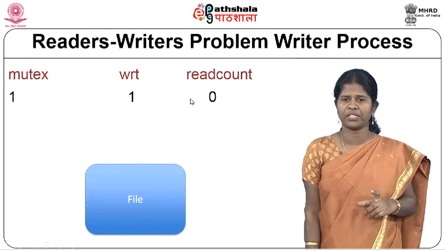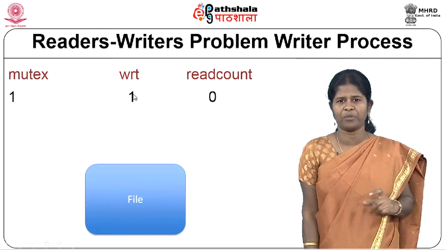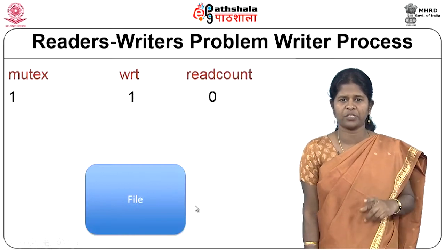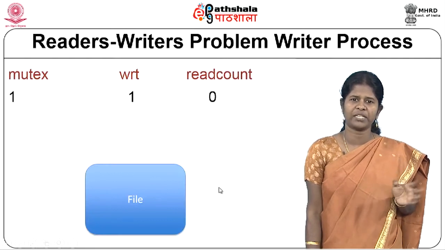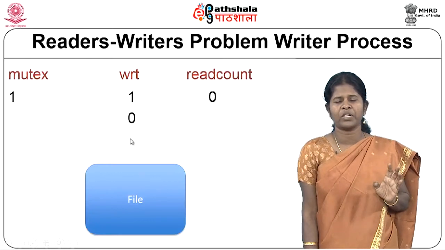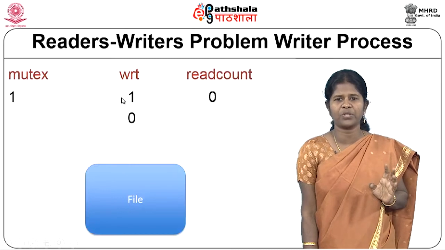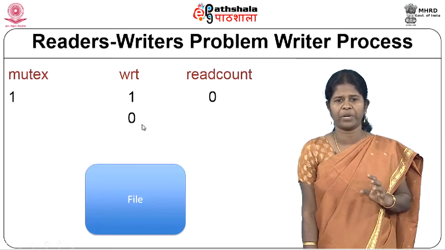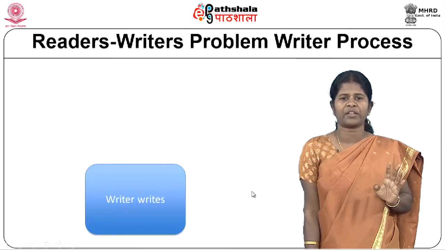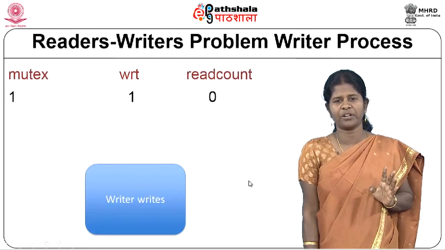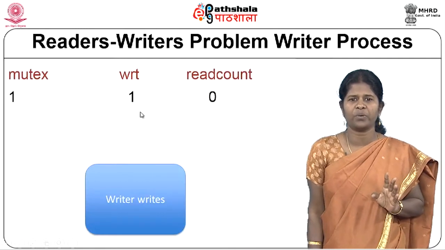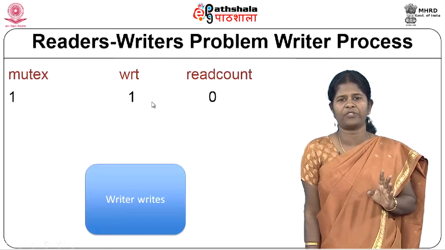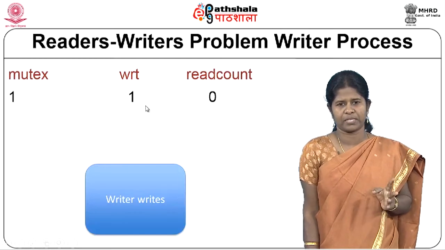So, what should the writer do? The writer should wait on WRT, then write into the file. After finishing writing, it can signal WRT. When it executes wait on WRT, the value 1 becomes 0 and the writer can write. After writing, it increments the value of WRT and exits.